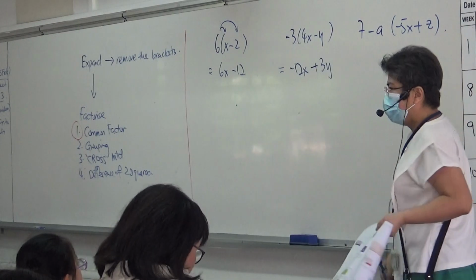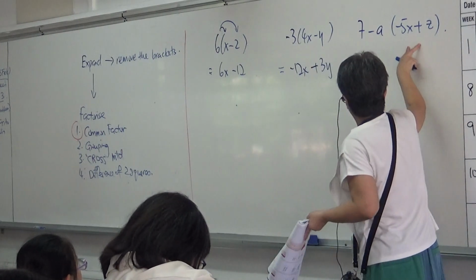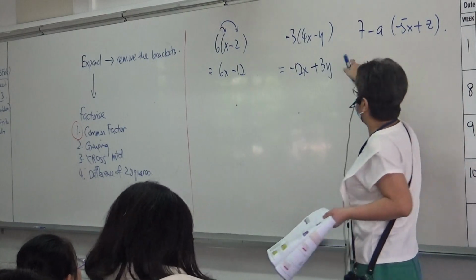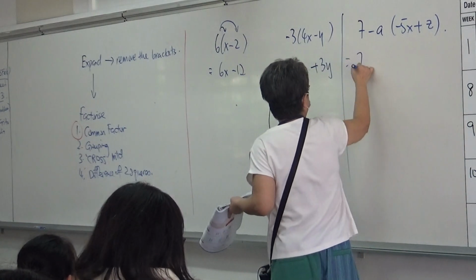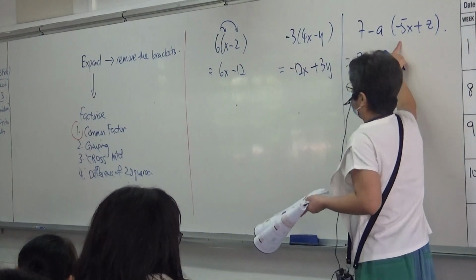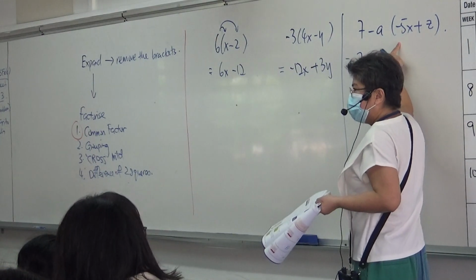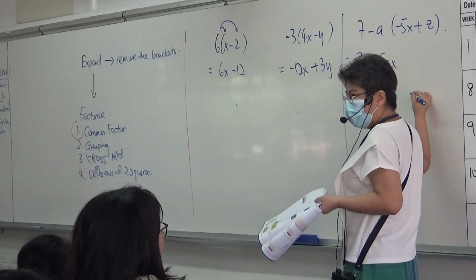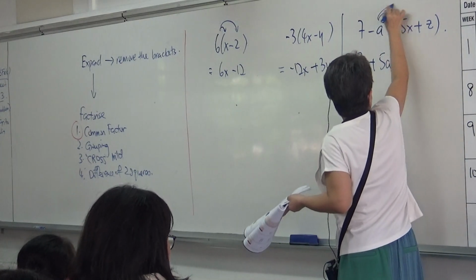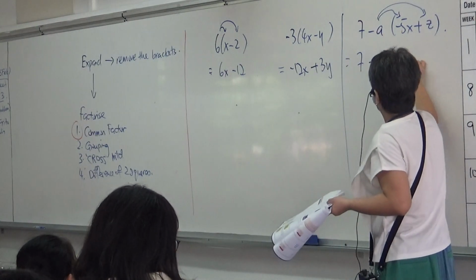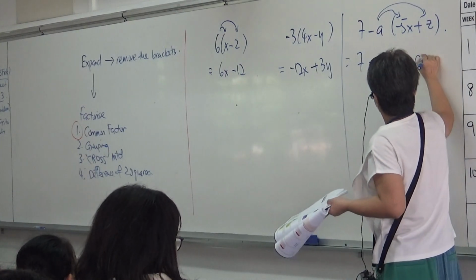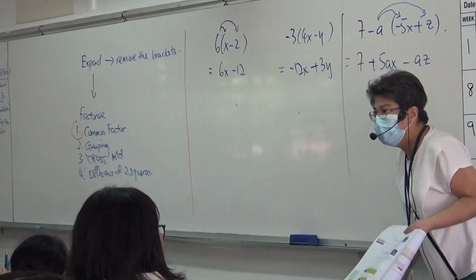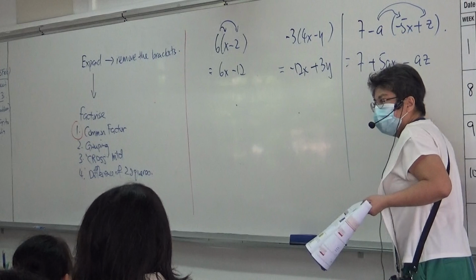Okay. Now, can you see that this bracket only belongs to negative here? Does it belong to 7? No. Okay. So, what is negative a times negative 5x? Positive 5ax. Understand? Okay, you go like that. Then you go to the next one. What should it be? Negative what? Az, right? Negative az. Can you see? Now, any like terms here?